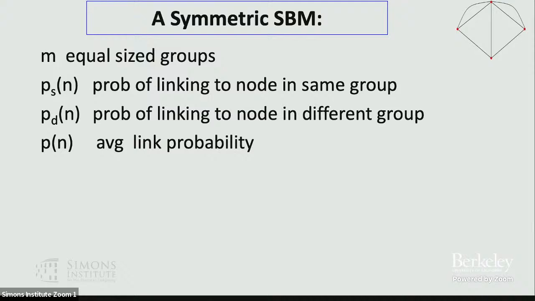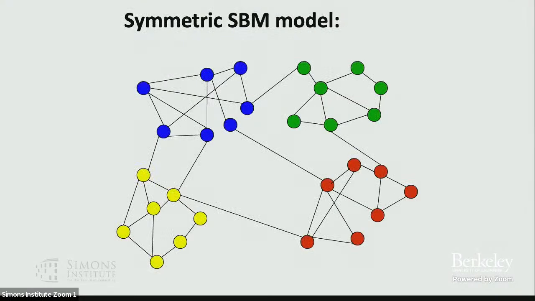Generally we'll think of P_S as being bigger than P_D. So that means you're homophilistic. How big it is compared to P_D tells you how homophilistic the society is. And then let P be the average connectedness in the society. Okay. So this would be drawn from a symmetric block model. There's 4 different types, and they have higher connectedness within than across.